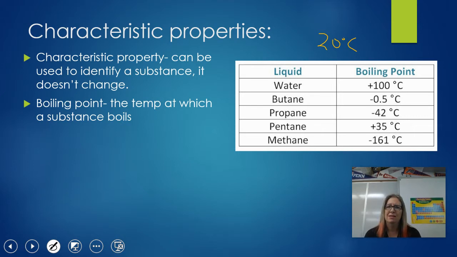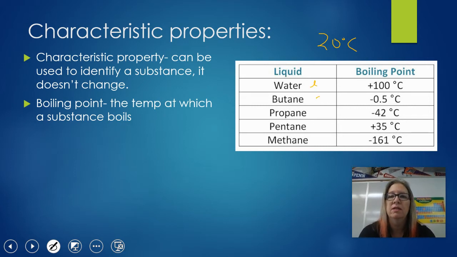So what that means is that you can compare the boiling point to that temperature. So water, obviously at room temperature, is much lower than its boiling point, which means it's going to be a liquid, okay? Butane boils at negative 0.5 degrees Celsius, which means room temperature is well beyond, much higher than its boiling point. So that means it's already boiled, which means it's a gas, okay?